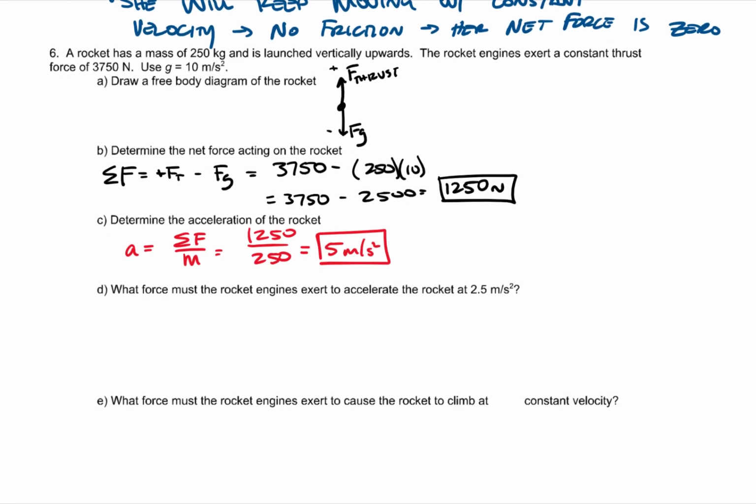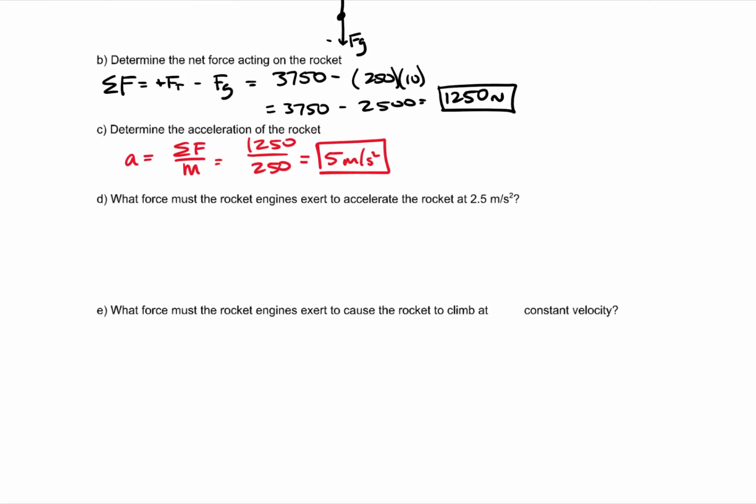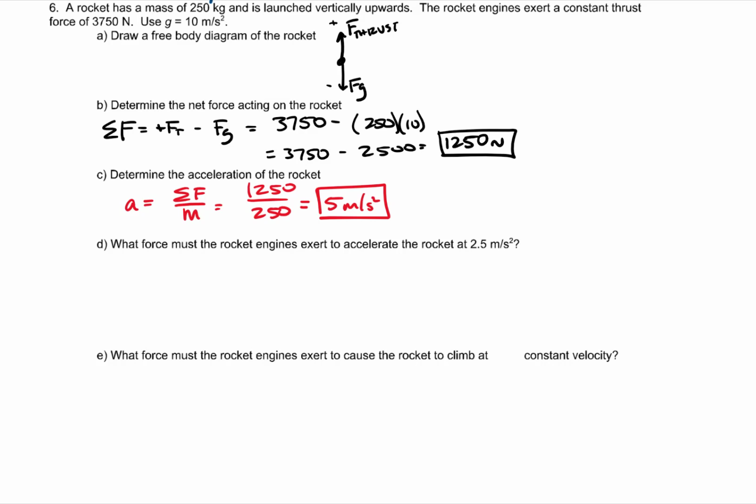D is a new kind of problem, and this is something I really want you to do and be familiar with doing. What force must the rocket engines exert to accelerate the rocket at 2.5 meters per second squared? Well, the net force on the rocket is still the force of thrust minus the force of gravity. And I can also find the net force on the rocket by doing mass times acceleration.